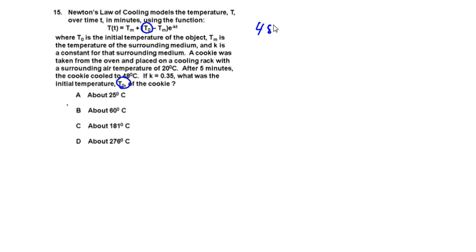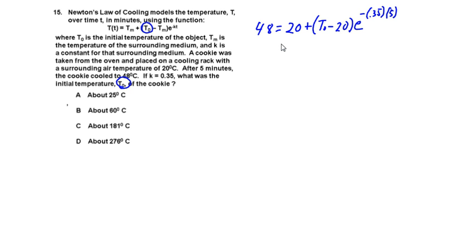So 48 is equal to the temperature of our medium, and the medium temperature is 20, plus t sub 0, which we do not know, minus t sub m, which is 20, the medium, and we have e to the negative k, where k is 0.35, and t is 5 minutes.